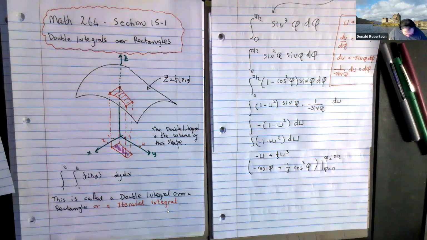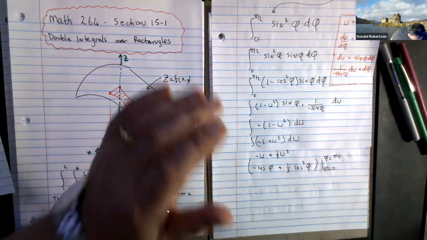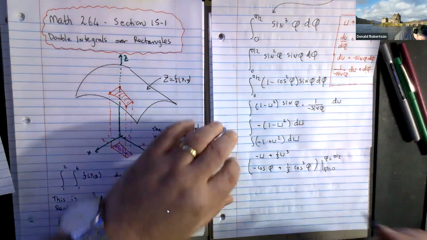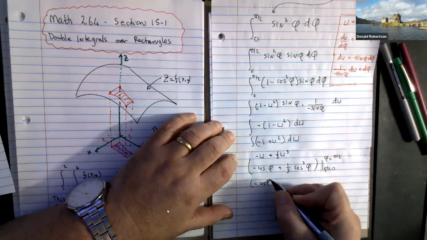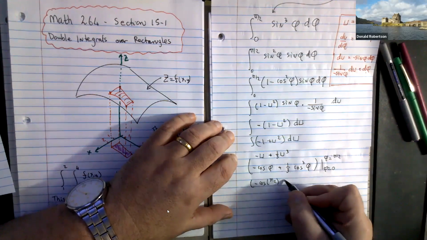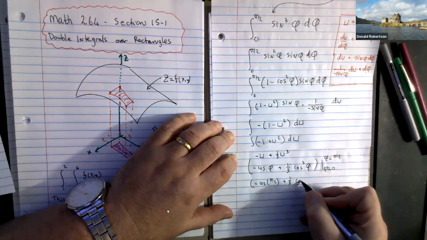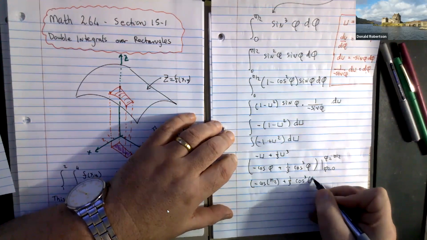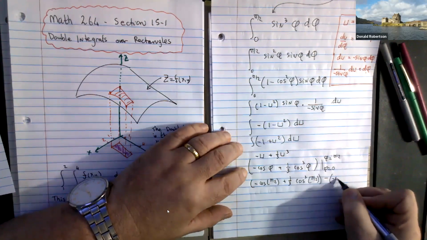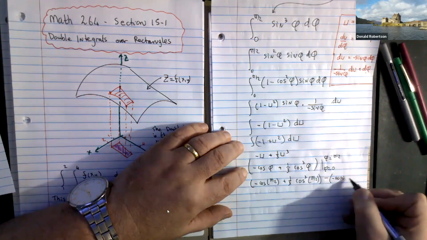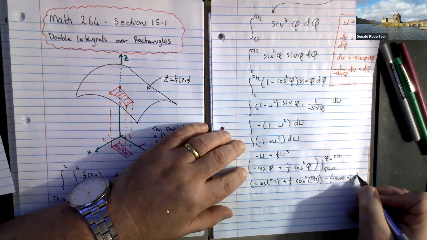And then at this point, you just plug it in, and actually, quite interesting. You get negative the cosine of pi upon 2 plus 1/3 cosine cubed of pi upon 2, take away negative cosine of 0 plus 1/3 the cosine cubed of 0.